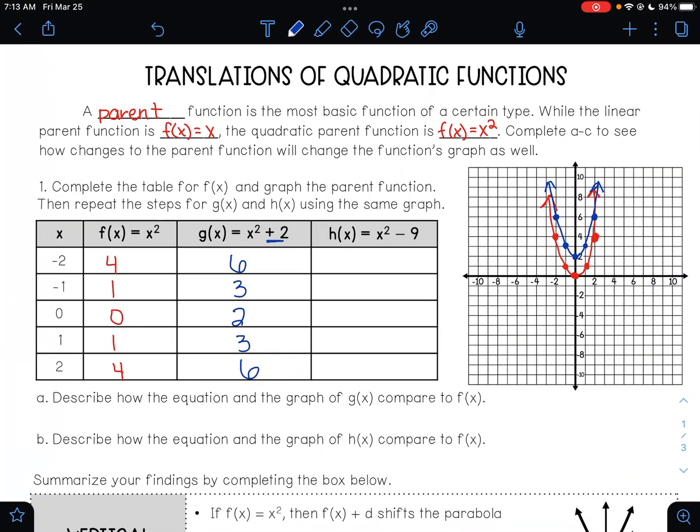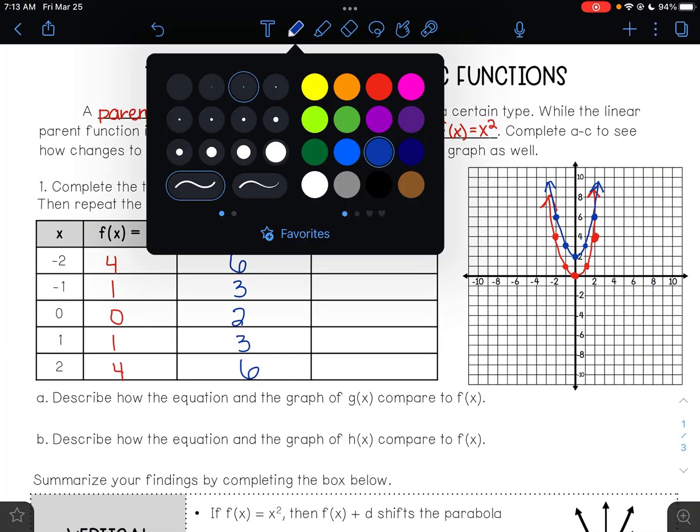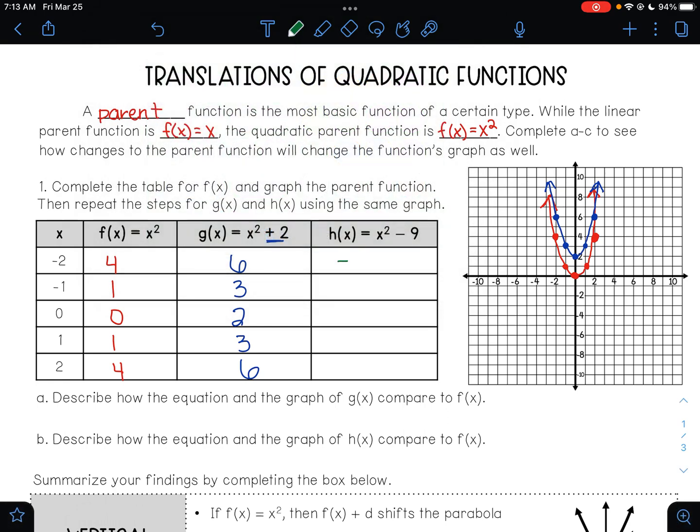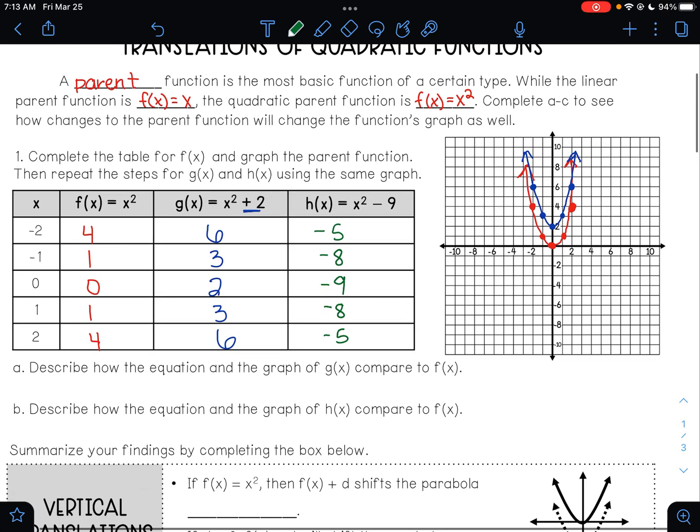Let me switch colors one more time to something different. So I'm going to graph these values: (-2, -5), (-1, -8), (0, -9), (1, -8), and (2, -5). So I have this green graph right here.